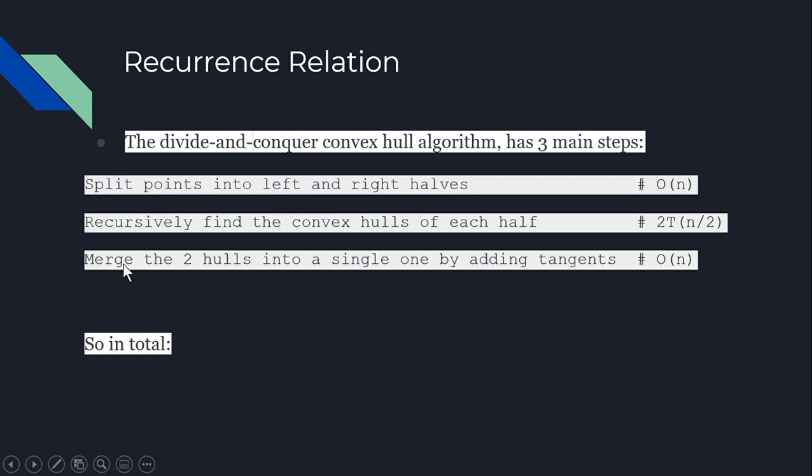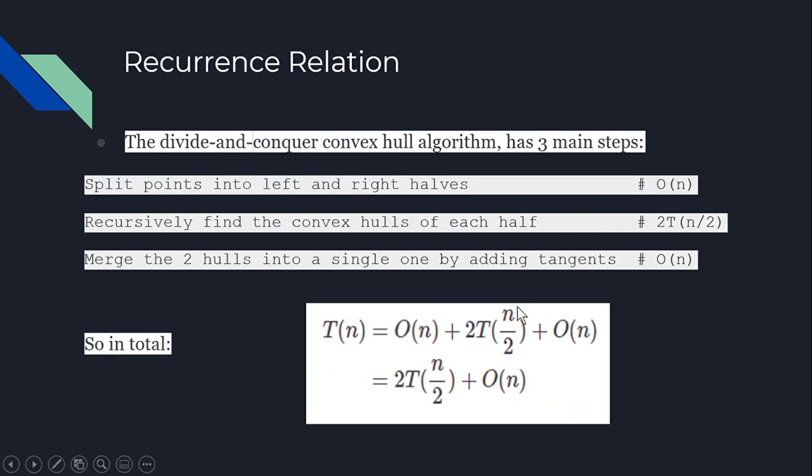And then we finally merge the two hulls into a single one by adding tangents, which takes O of n time. So in total we have the recurrence relation T(n) = O(n) + 2T(n/2) + O(n), which can be summarized and written as 2T(n/2) + O(n).